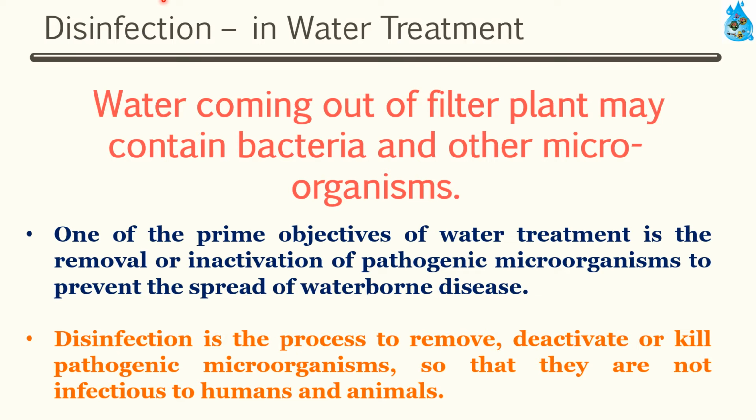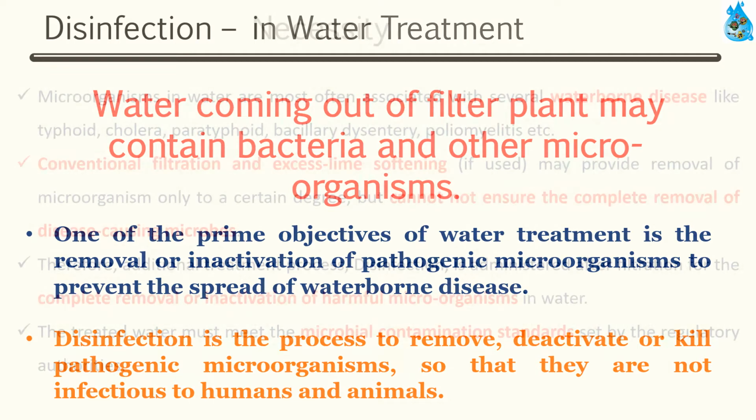One of the prime objectives of water treatment is the removal or inactivation of pathogenic microorganisms to prevent the spread of waterborne diseases. And disinfection is the process which is most significantly utilized for the control of waterborne diseases.